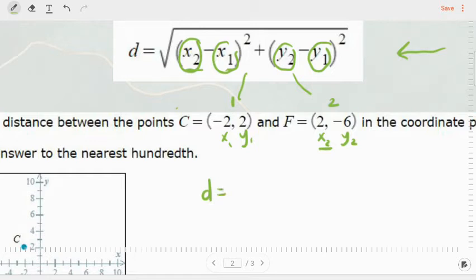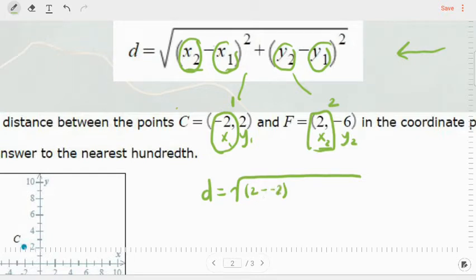So d is equal to the square root of, and I'm going to put parentheses, and in the parentheses I'm going to have x2. I'm going to find x2, here it is, and replace x2 with 2 minus x1. So minus a negative 2.